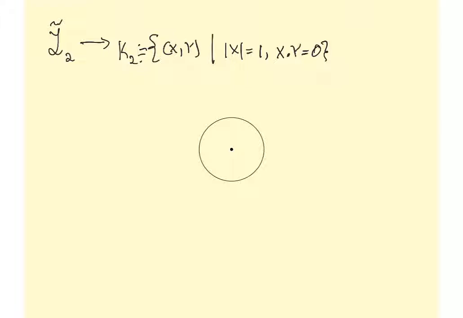And now I claim that that's a bijection. In other words, if I do the reverse construction, if I start off with a point X, I'll do it roughly in the same place.